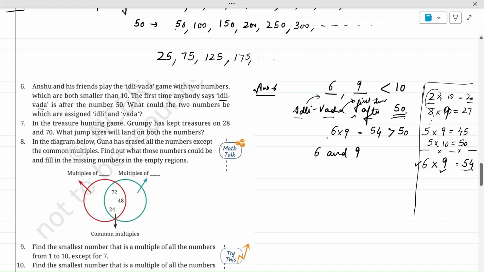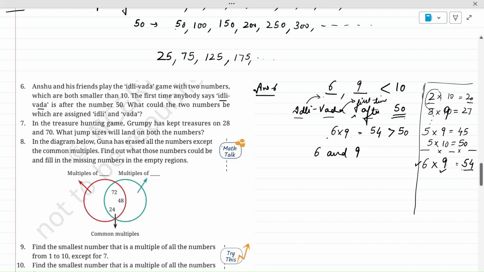Then what we have done, we started with 2, and we saw that the number should be less than 10. If we take it as 9, then it gives us 18, or the maximum is also 20. This 20 is very much less than 50, but what we need is something greater than 50.